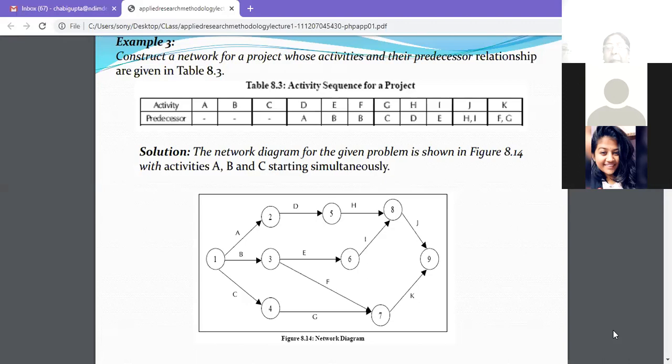And for the collective activities, for example J. J is starting from H and I. So J cannot start till H and I get complete. Meaning J leaves home only when his friends H and I arrive, then he will leave for college. So H and I are two arrows coming to one event 8, and J comes out from it.